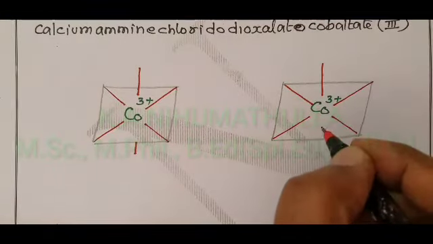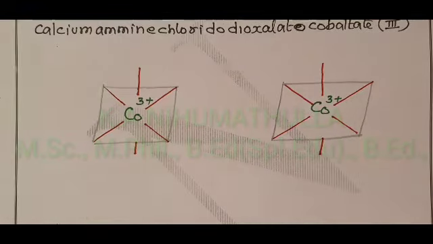Above the plane one ligand, below the plane another ligand. If the two, NH3 and Cl, are in 1,2 position, it is called cis isomer. If the two monodentate NH3 and Cl are in 1,6 position, it is called trans isomer.